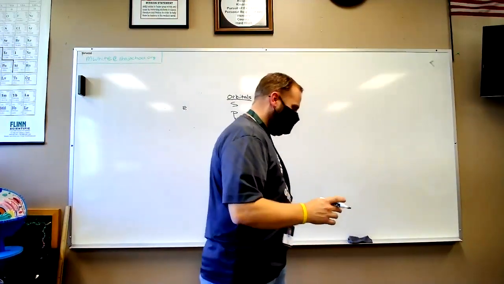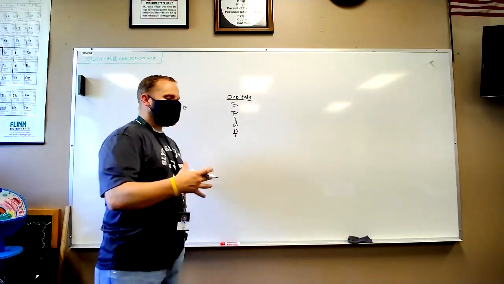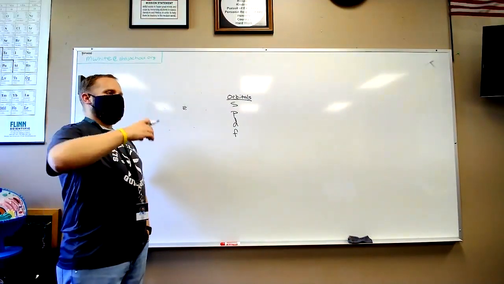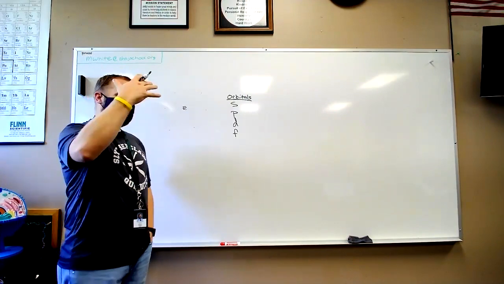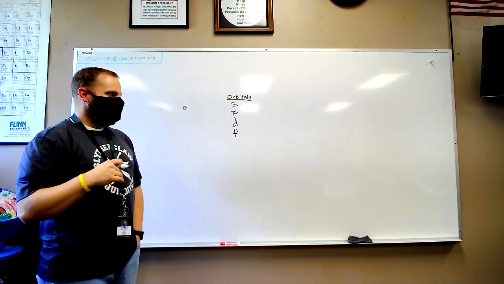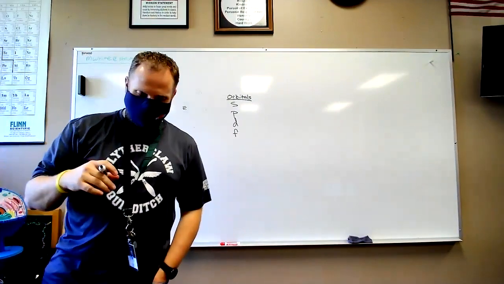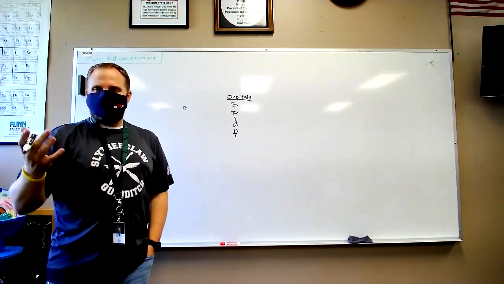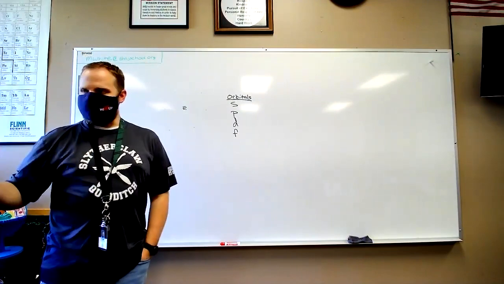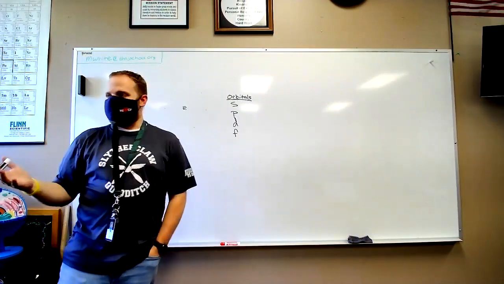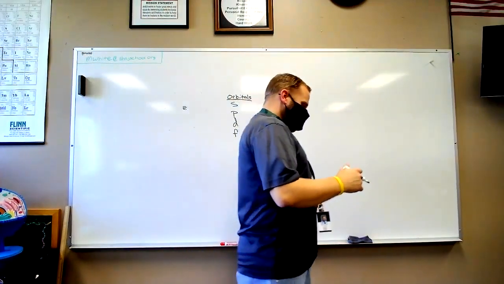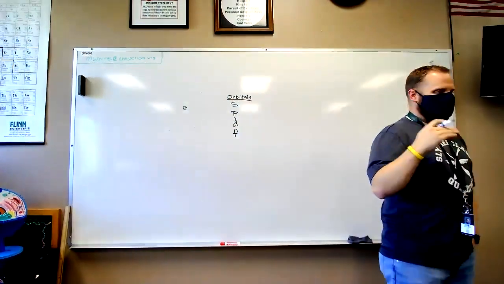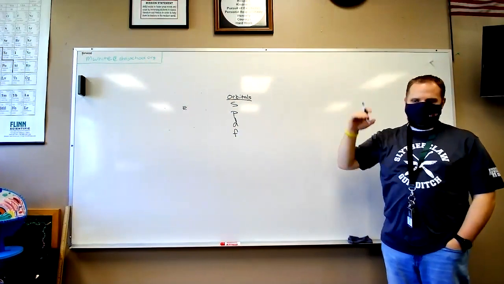Now, electrons are going to naturally occupy the lowest energy level orbitals. They don't want to be in high energy states. It's like we said, why run when you can walk, that whole thing. That's what electrons are doing. They want to be in the lowest energy state. So they fill from the bottom to the top.